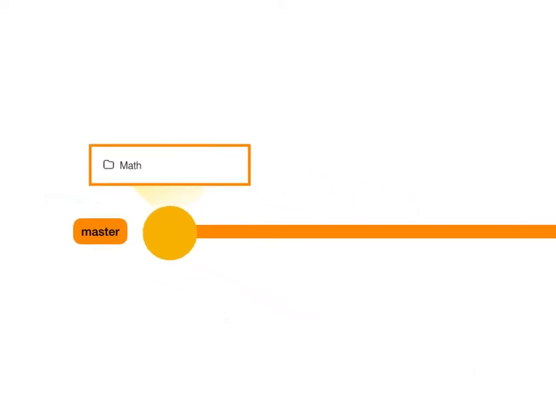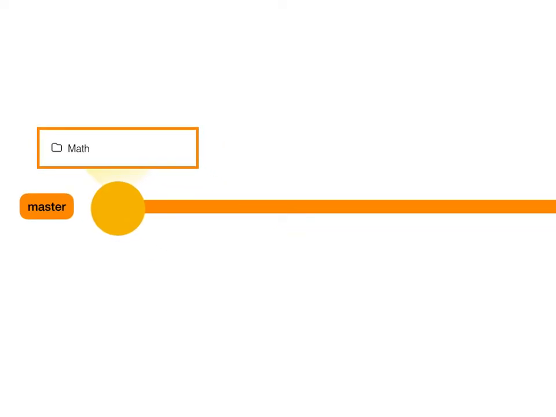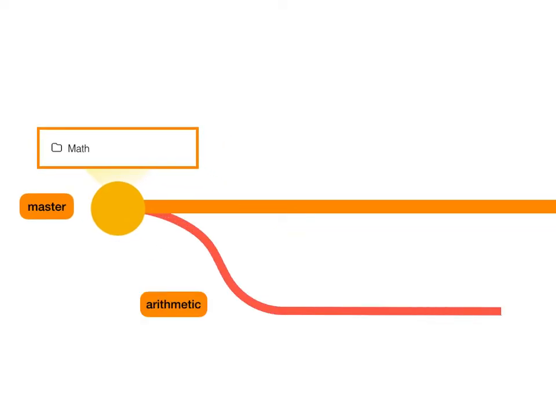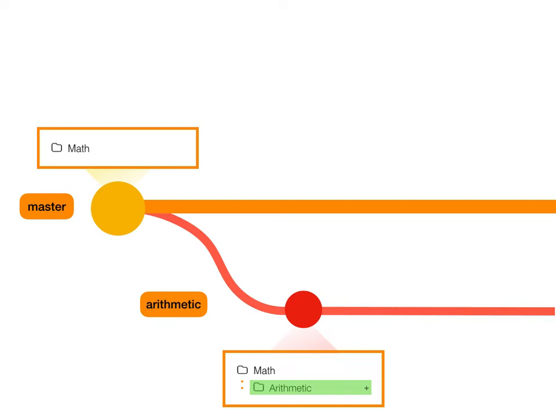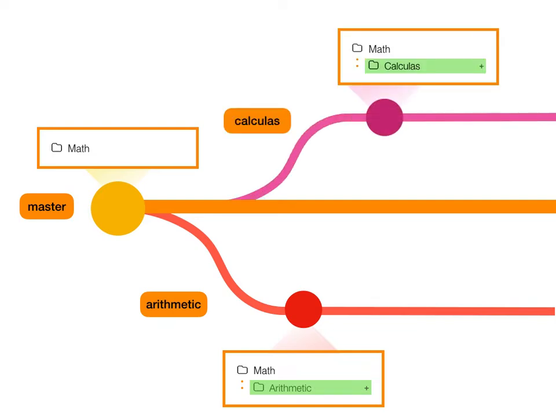Often there are going to be multiple branches. In this case I'm going to be using a new branch called Arithmetic to implement my maths program. So far I've created one package called Arithmetic, and I'm going to create another branch for some other package. I'm going to call it calculus for now.